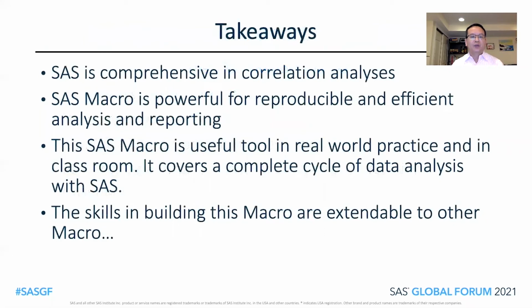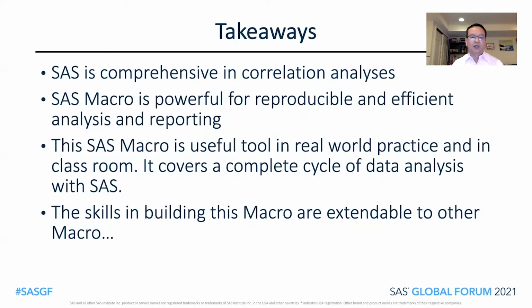The takeaway from my presentation is that SAS is very comprehensive in correlation coefficient analysis, as in other types of analysis. And the SAS macro is a very powerful tool for you to efficiently produce results and report your results in tables and figures. This is not just a very useful tool in real world practice, but also a teaching example in the classroom.